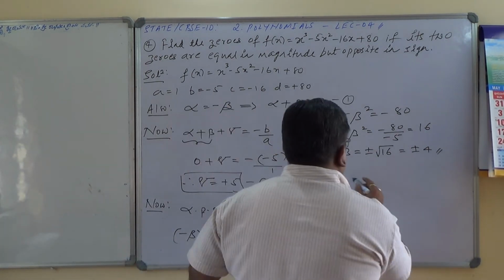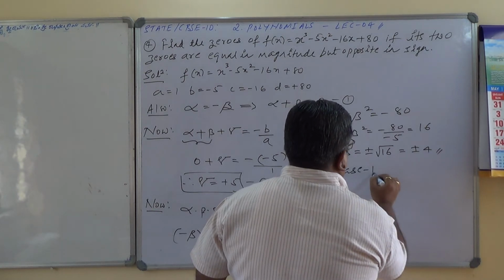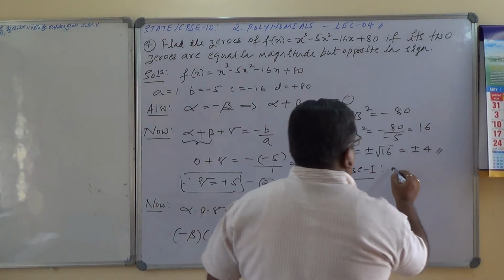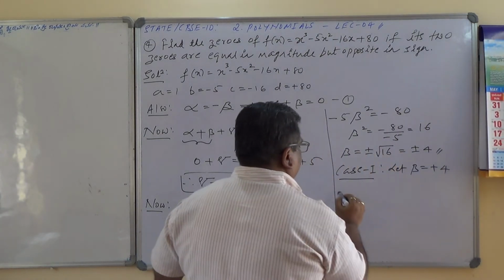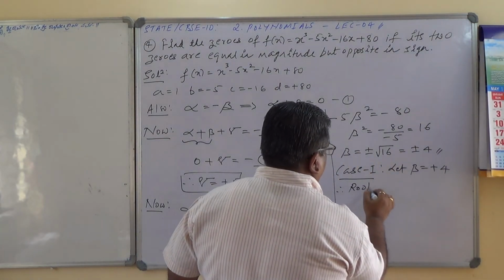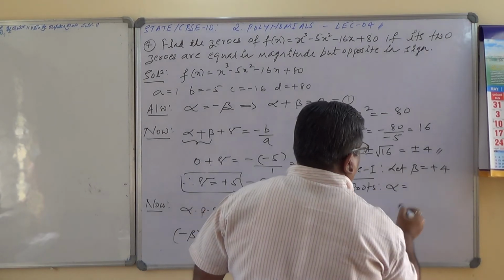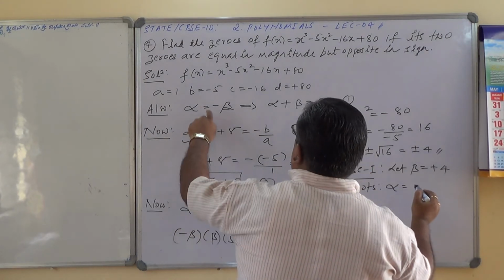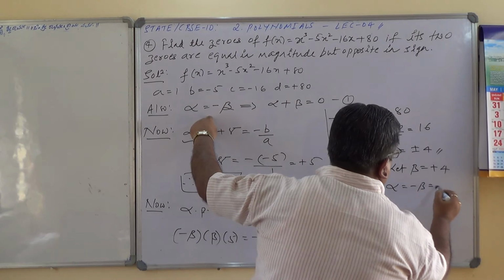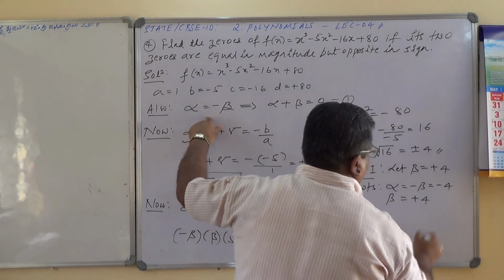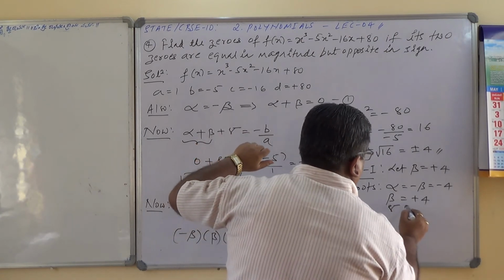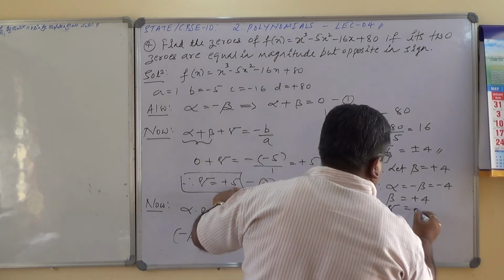So case 1: let beta equals plus 4. Therefore the roots are alpha equals minus beta, minus 4, beta equals plus 4, and gamma equals plus 5.